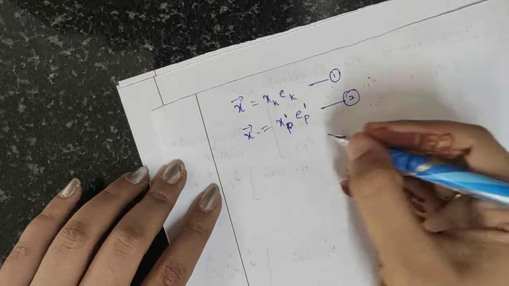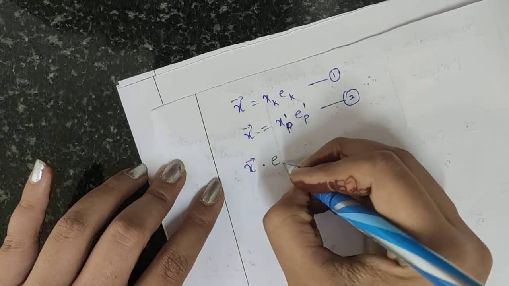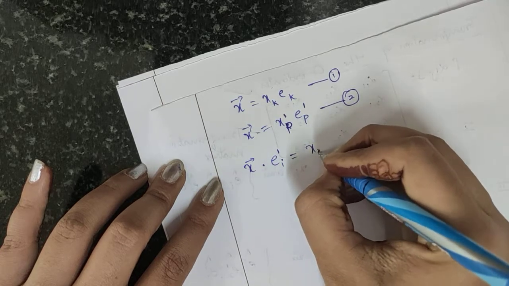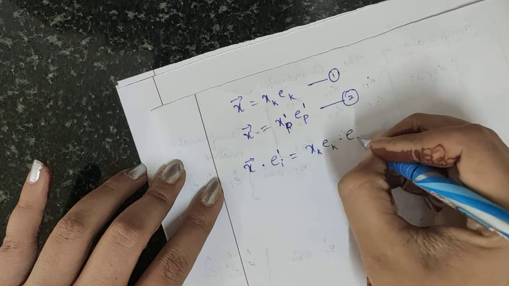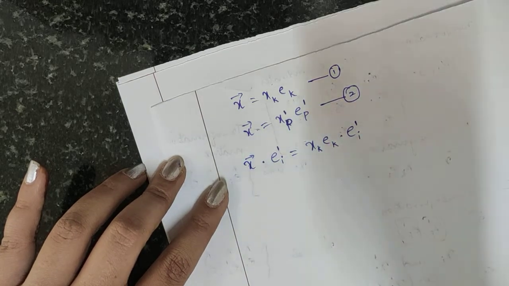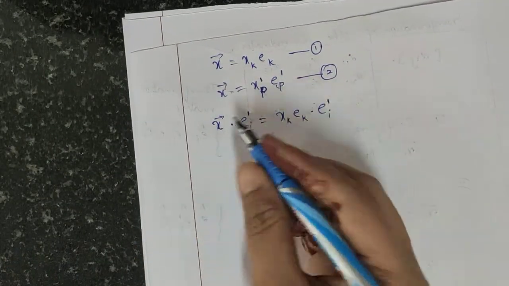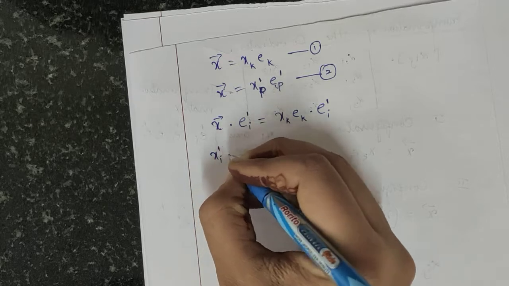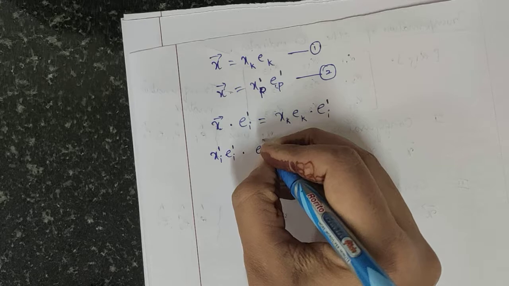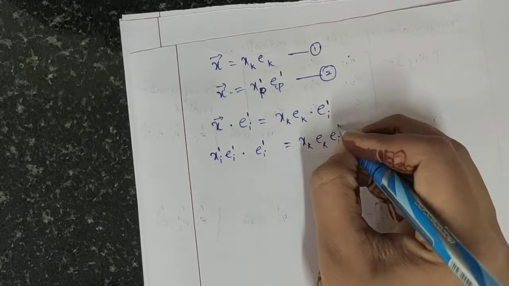So vector x into ei prime will be equal to xk ek into ei prime. Now using equation 2, I can write this as xi prime ei prime into ei prime equal to xk ek ei prime, right?